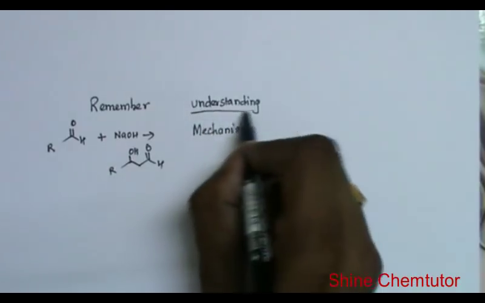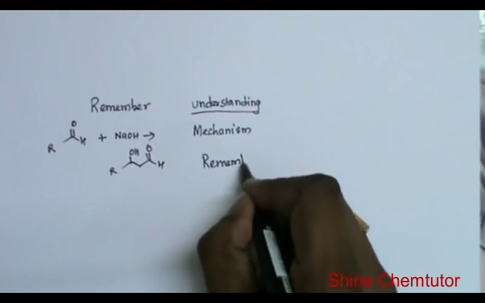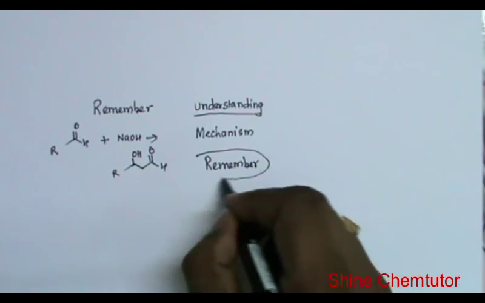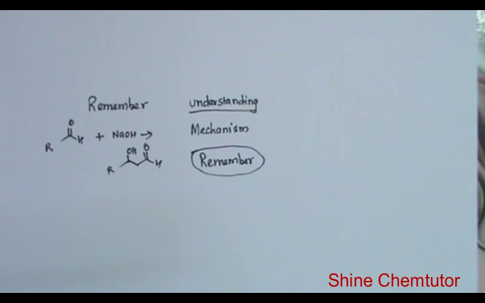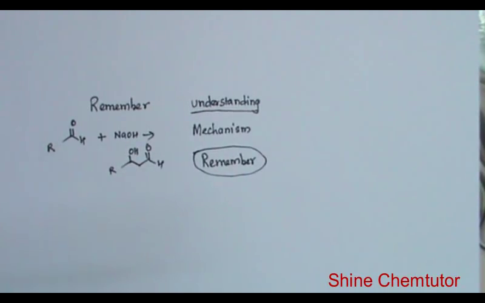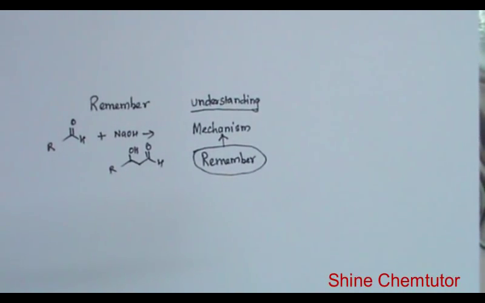It should be understanding. But what they do, they try to remember this also. It is not a remembering part. You have to understand. Remembering is only the first one. For mechanism, you should be able to propose it with your knowledge and understanding. But students try to memorize the mechanism.